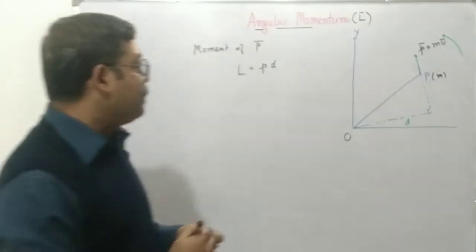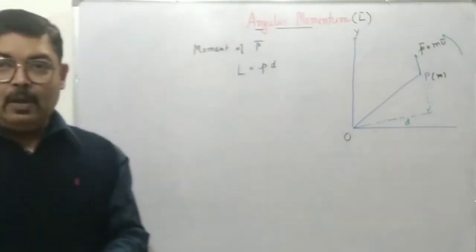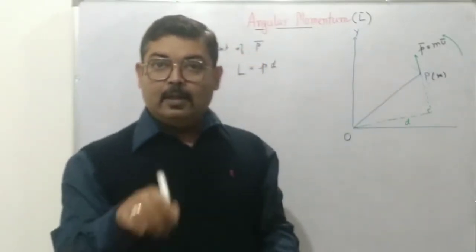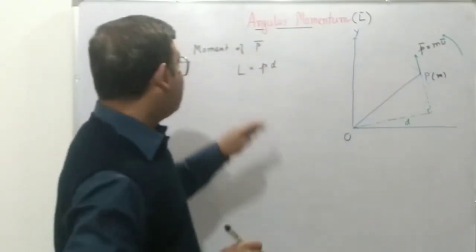So the moment of linear momentum of a particle executing circular motion is known as the angular momentum of the particle.